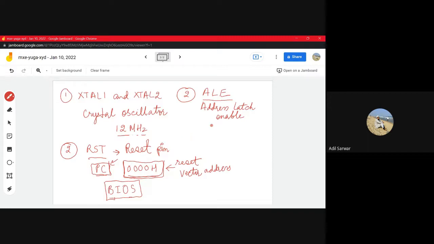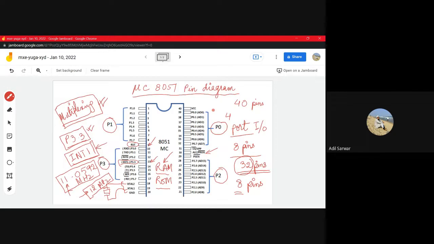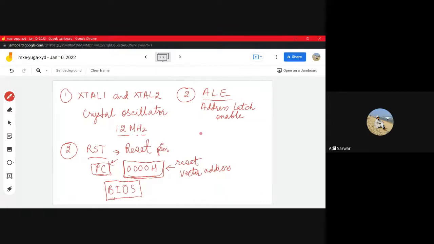Okay, so just see the pin diagram once again. You could see we have pins of port 0, which are referred to as AD0, AD1, up to AD7. And then we have pins in port 2, which start from AD8 to AD15.